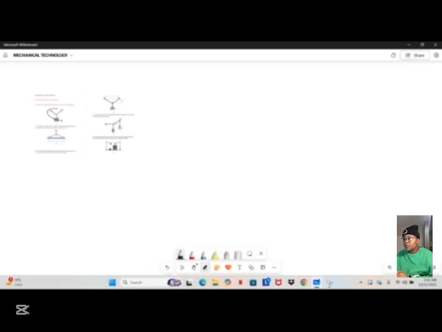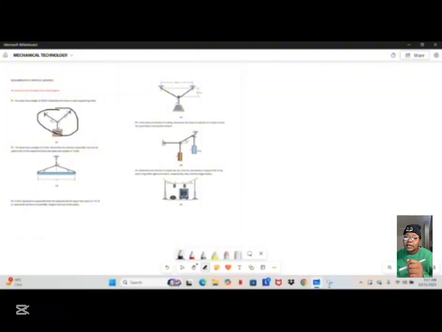So we have the first sum, which is this one. In order to solve that sum, we need to draw a free body diagram which has all the components, right?